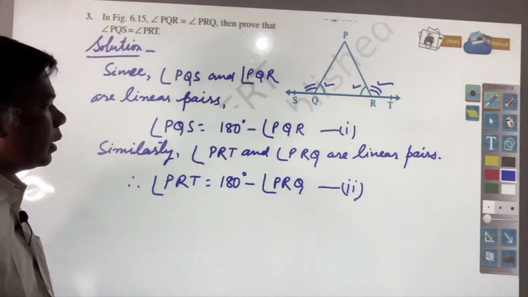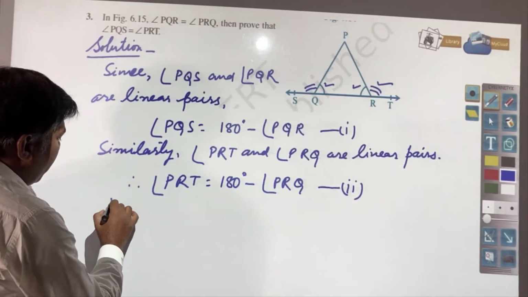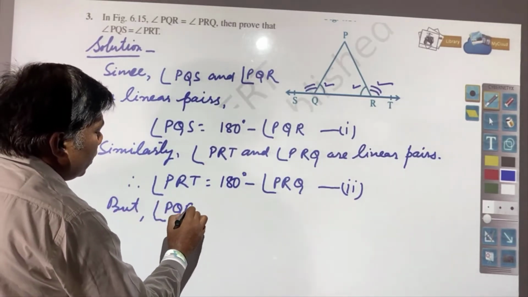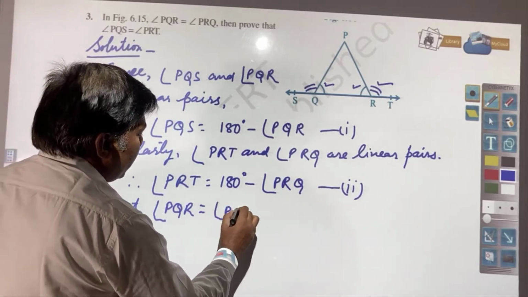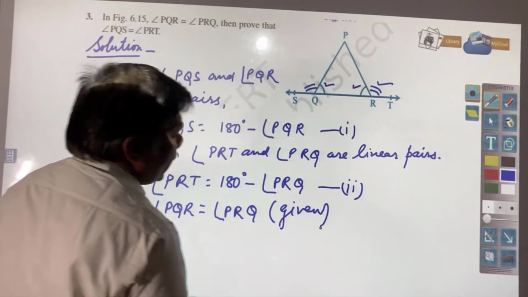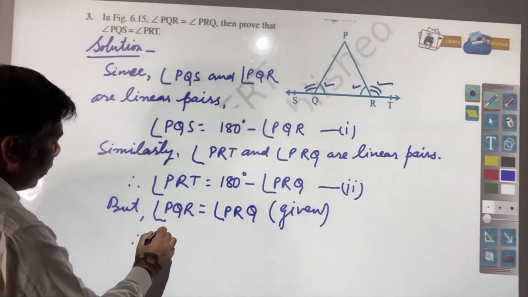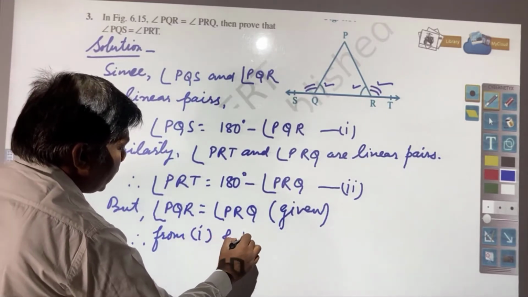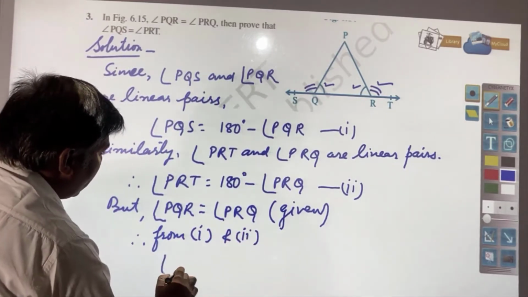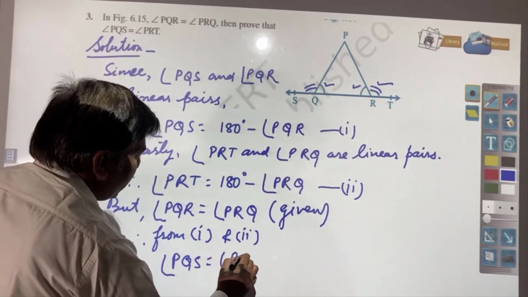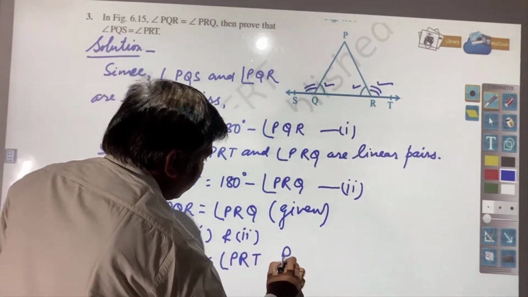So what we will write? But angle PQR is equal to angle PRQ, and that is given. From where you know that has been given. Therefore, from equation 1 and equation 2, angle PQS will be equal to angle PRT, and that is proved.